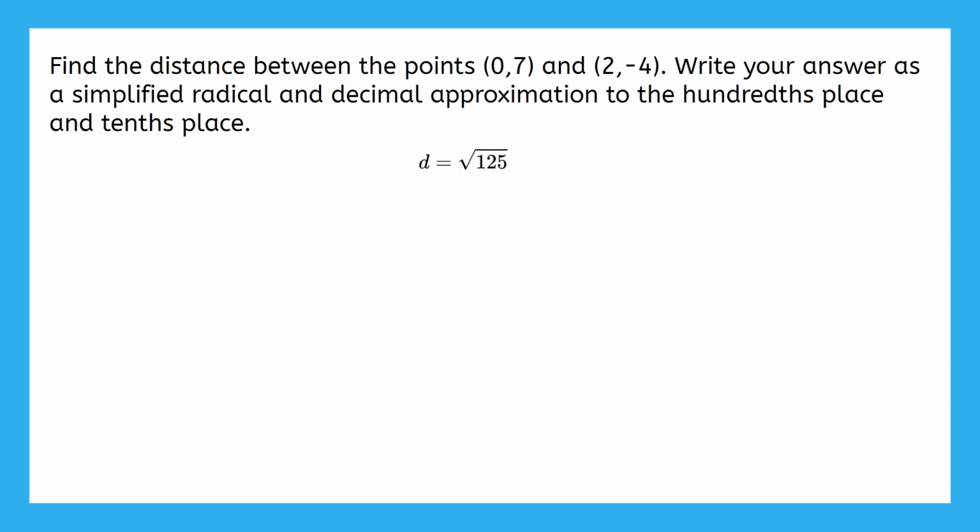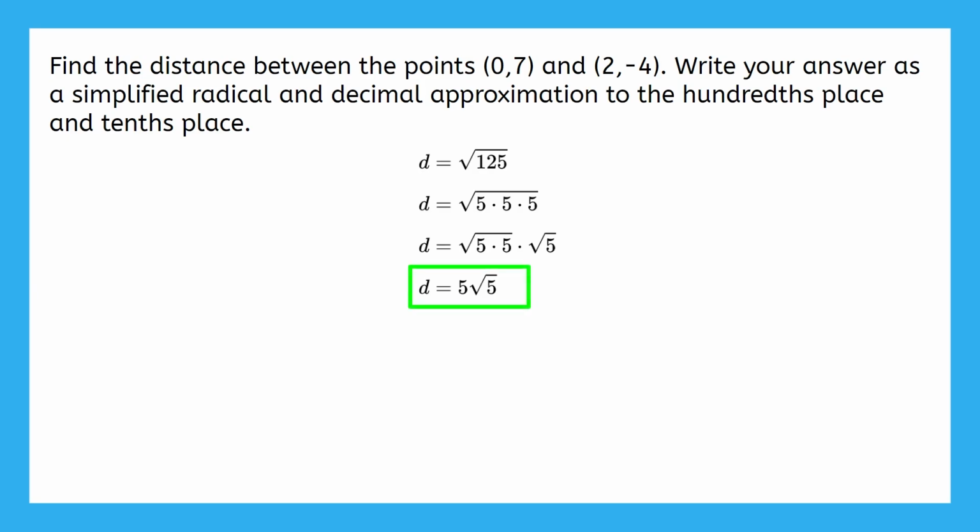While the square root of 125 is correct, it's not how we're asked to write our answer. So let's keep going. We can write the prime factorization of 125, group any pairs together, and then take their square root. This gives us the simplified radical and one of our answers.